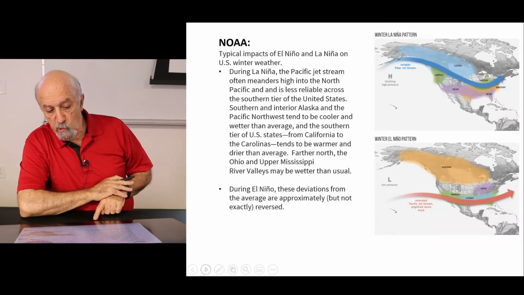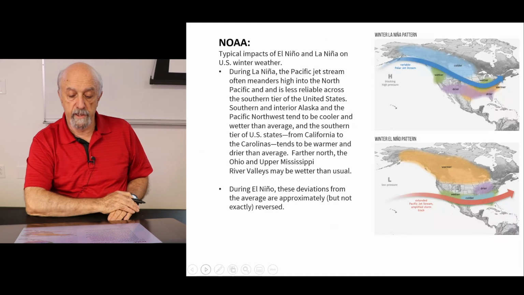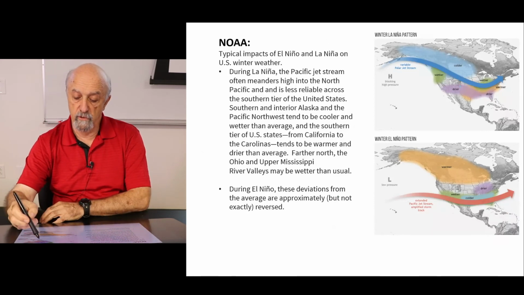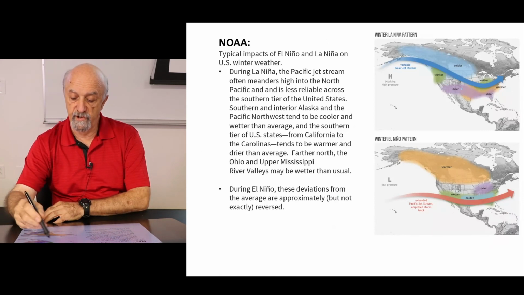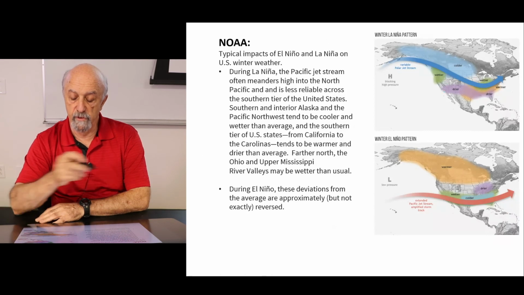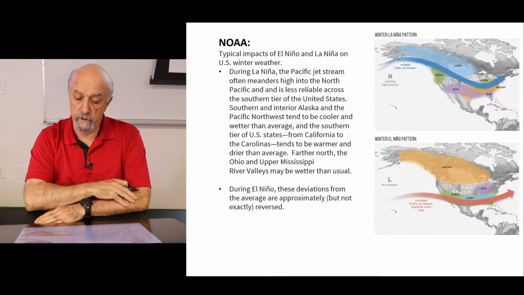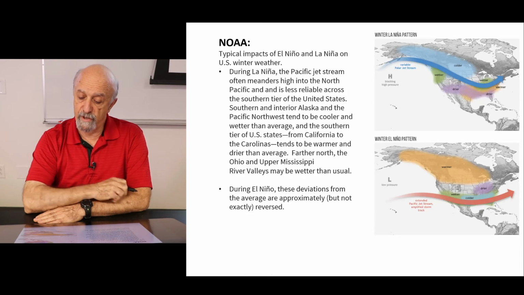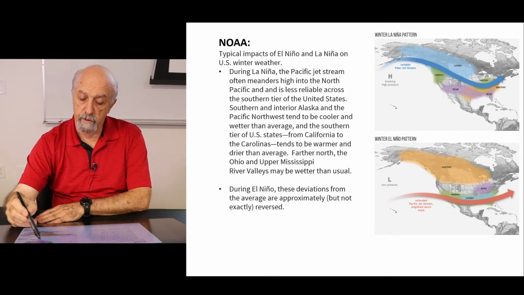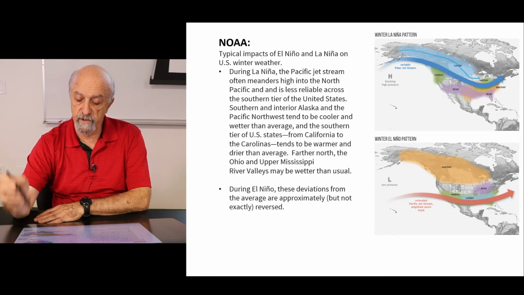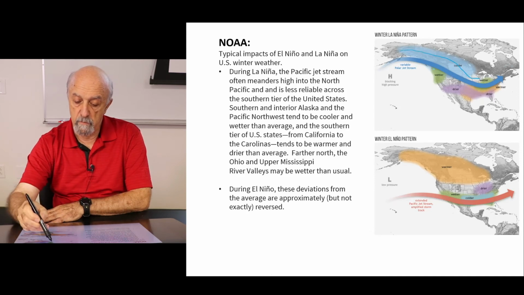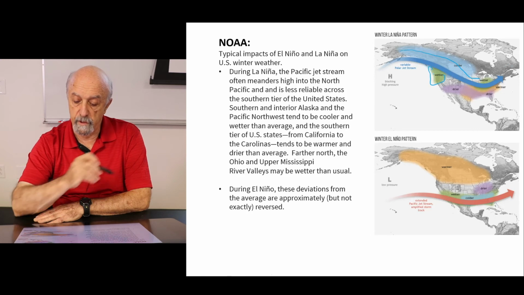Emphasizing what happened to us during La Niña, we expect to have drier conditions in the south central part of the United States, drier winter patterns, colder than normal in the Canadian north part of the United States, and more precipitation in the northwest area.